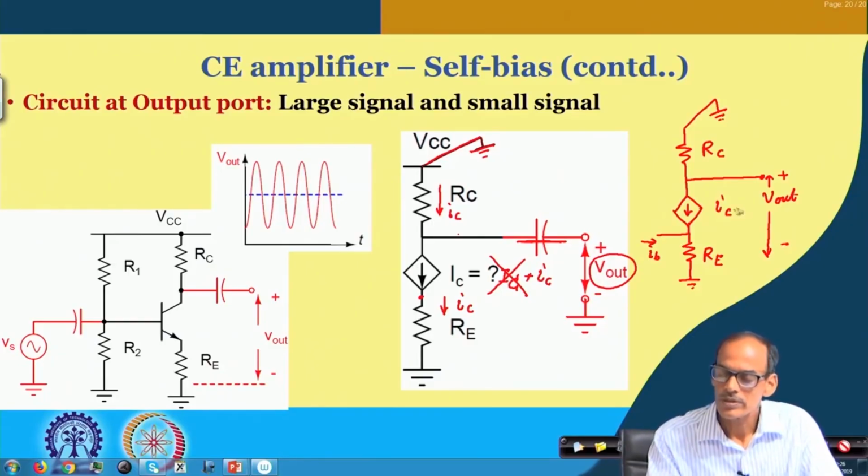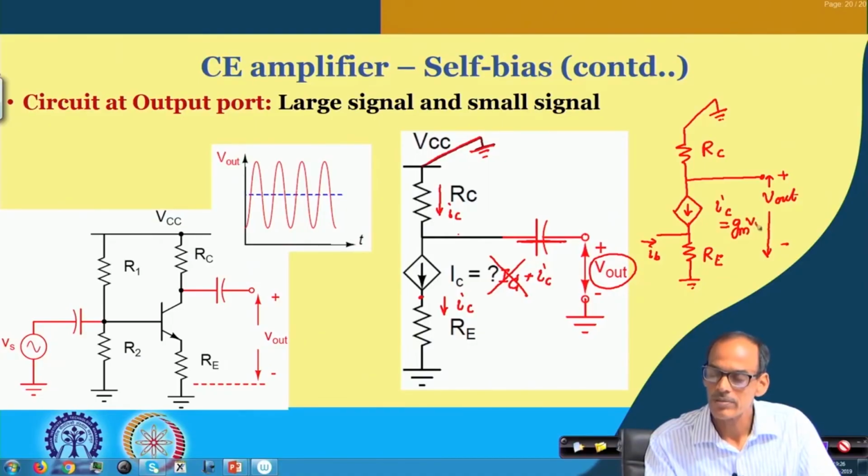For this IC, of course, we may have different expressions. One of them is IC equals the transconductance of the transistor multiplied by the base to emitter voltage. Since this is an ideal current source, to find this output voltage we may prefer to see how much drop appears across this resistor while small signal current ic is flowing.